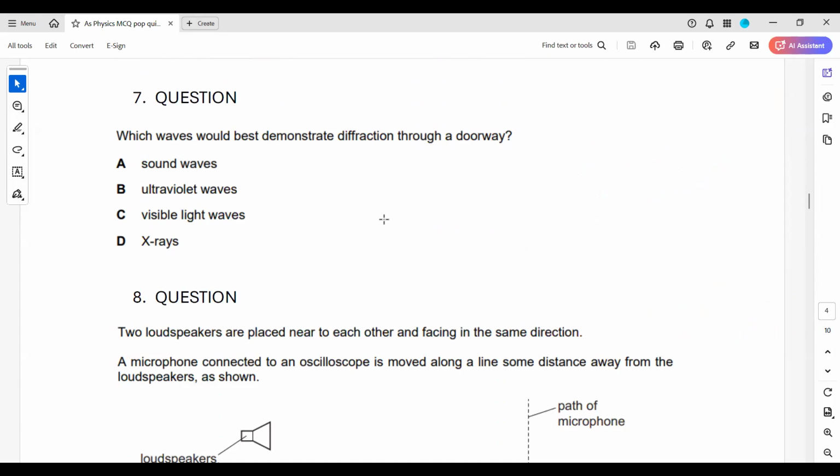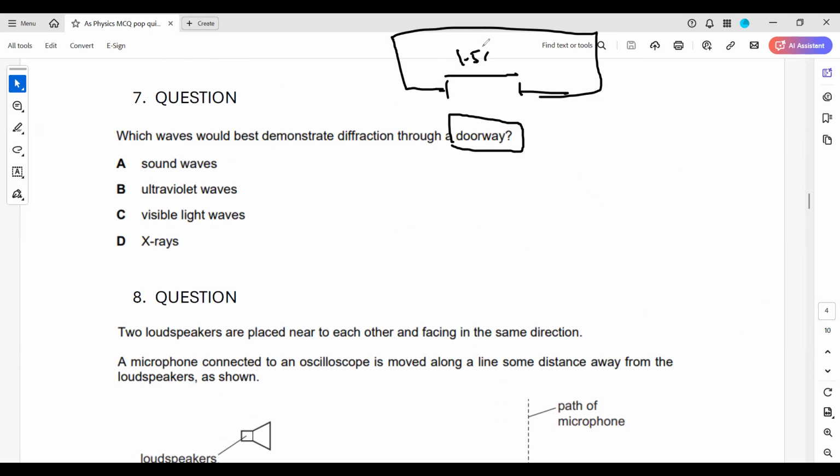Question 7. Which waves would best demonstrate the diffraction through a doorway? The door gap, the width of a door, is usually in the order of 1.5 meters. And that matches with the wavelength of the sound wave which we produce. This is about 1.5 meters, and the sound which we normally produce is also in the same range.